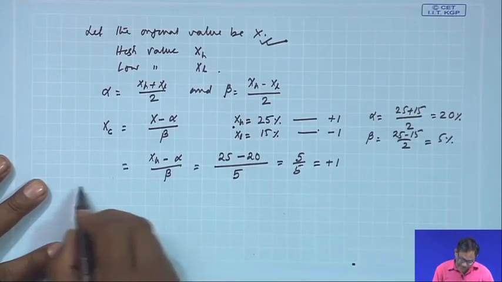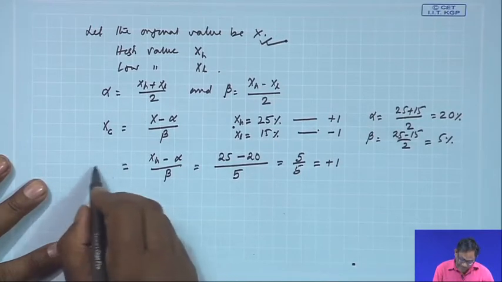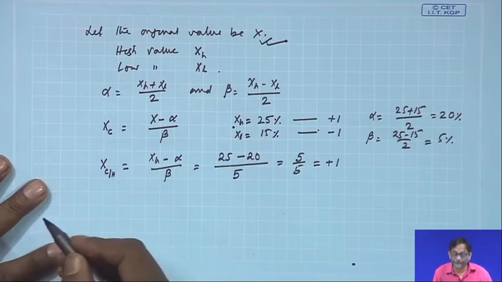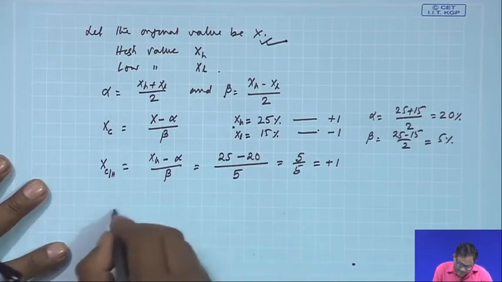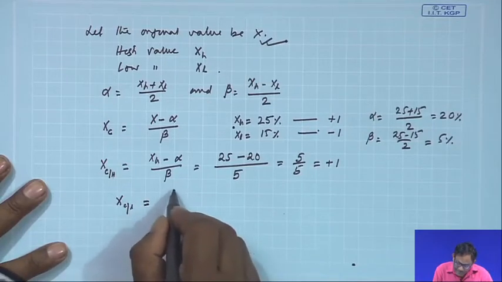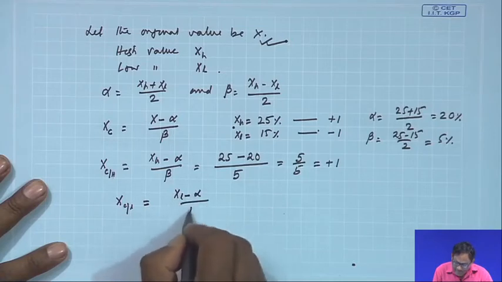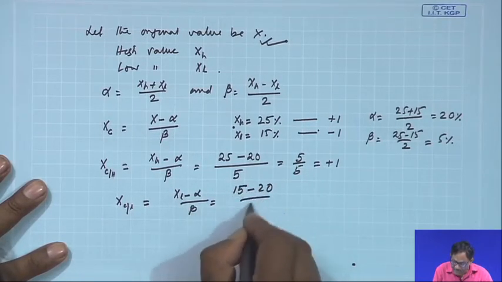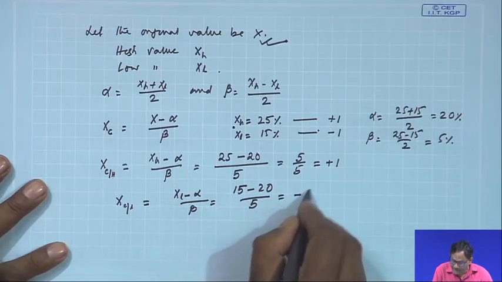In the same manner, this is x coded when high. So, in the same manner, x coded for low will be x low minus alpha by beta. So, x low is 15% minus 20% by 5%, which is basically -1.